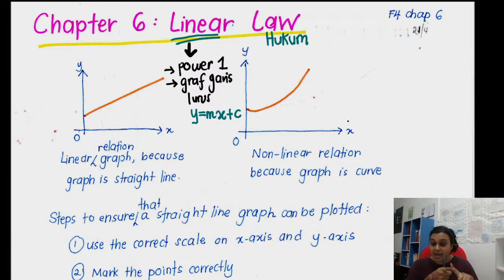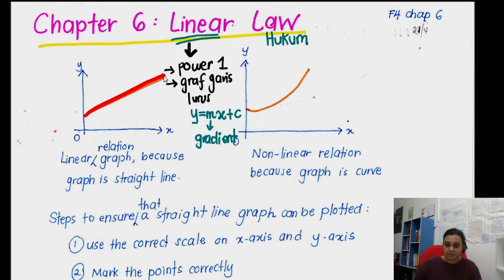What is m, what is c? Teacher hopes you all remember what is m dengan c. M ialah untuk kecerunan. Remember, m is for gradient. You all know what is gradient? If the line is slanting like this, you can see this line is slanting, so there is a gradient here, kecerunan. It's going up.